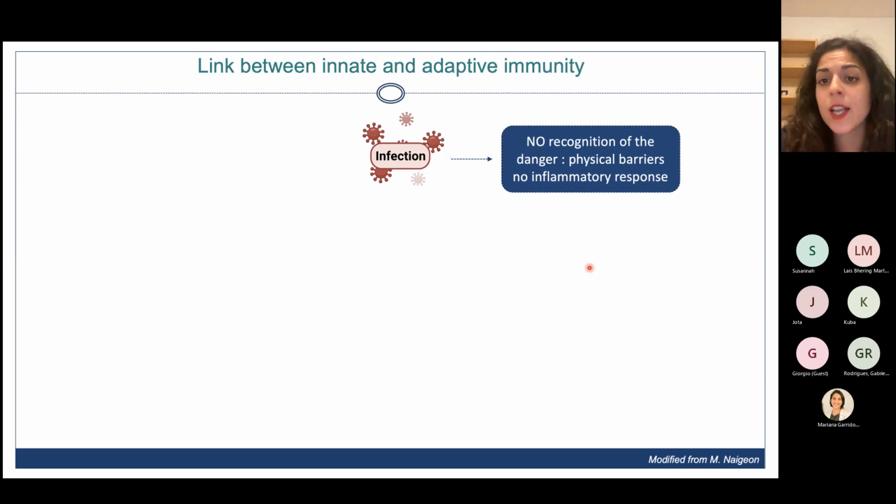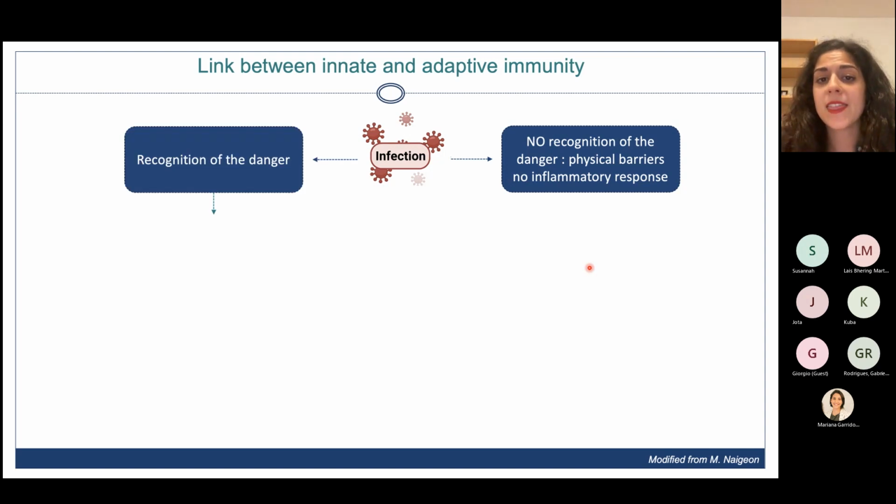In this case, sometimes only a physical barrier or even a chemical barrier can stop the danger, and then there will be no inflammatory response. But in most cases, the physical or chemical barriers are not enough, and the danger will get into your body, and then you will recognize the danger.